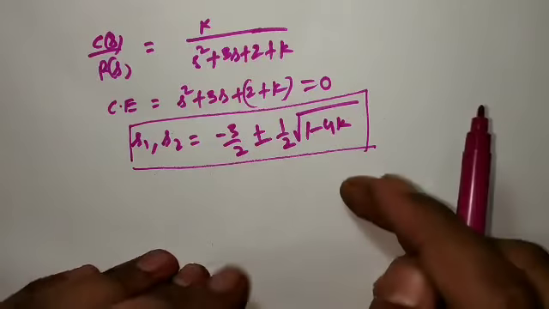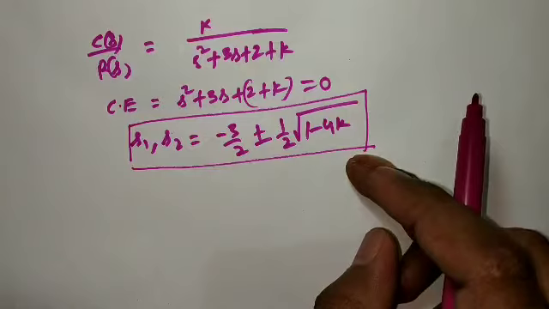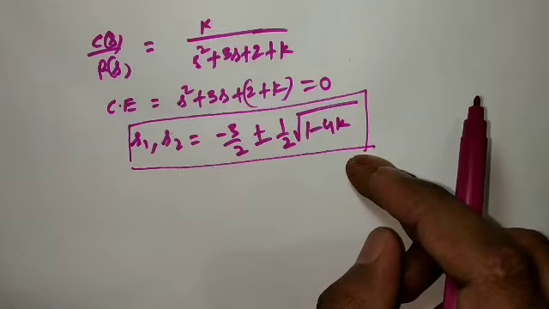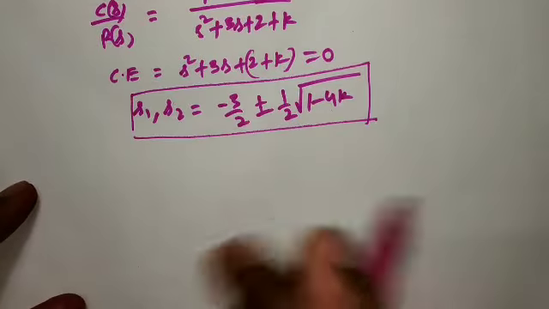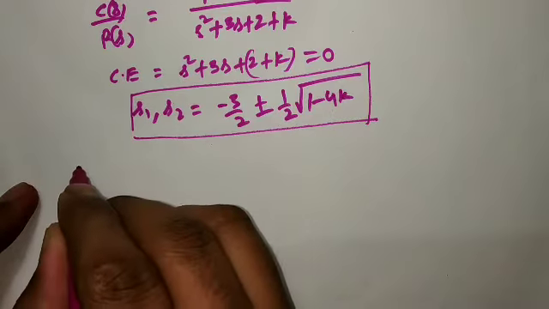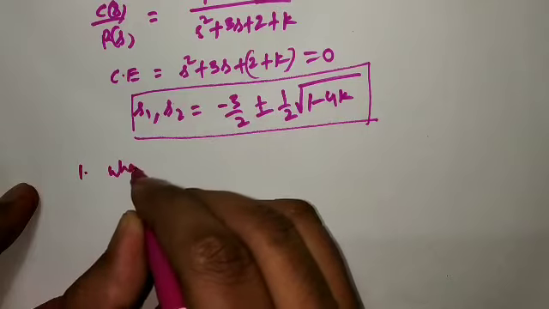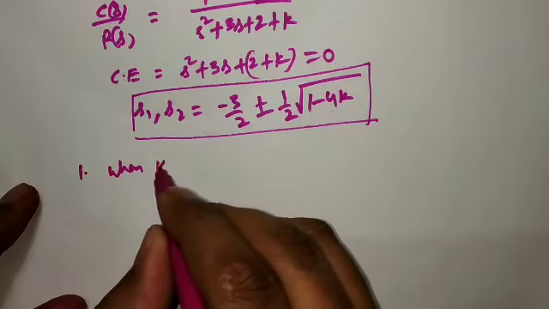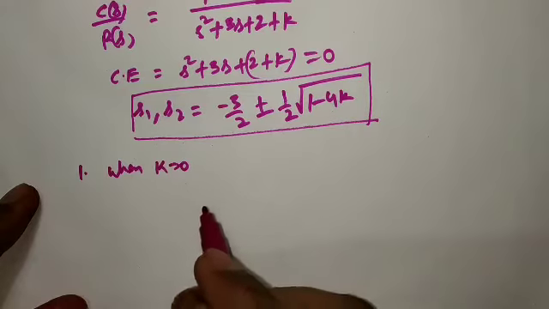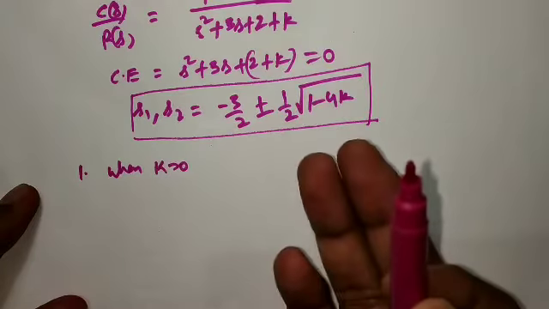Now I am going to change the value of K from 0 to infinity. So how will these roots move in the s plane? You just see, first when K is equal to 0, what are the roots?